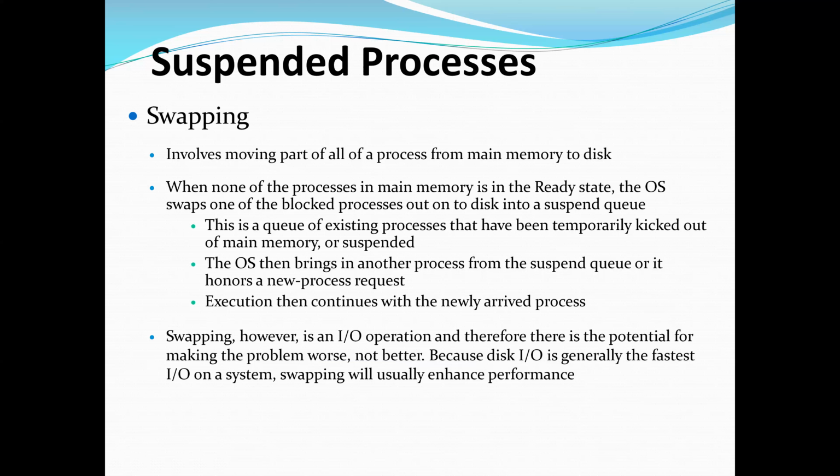So even with multiprogramming, the processor could be idle most of the time. Now what to do? Main memory could be expanded to accommodate more processes, but there are two flaws in this approach. First, there's a cost associated with the main memory. Another solution is swapping, which involves moving part or all of a process from main memory to disk.